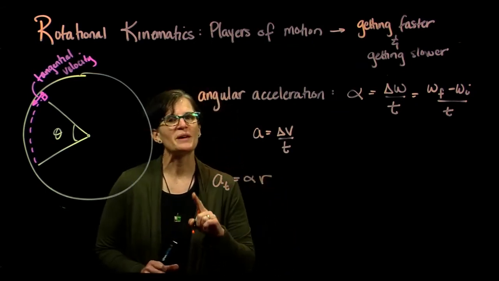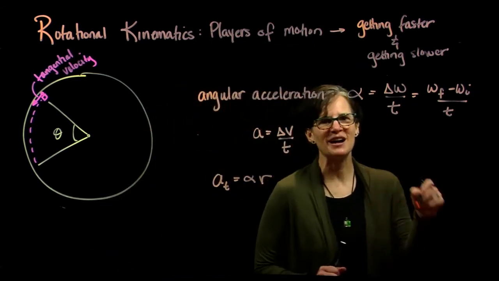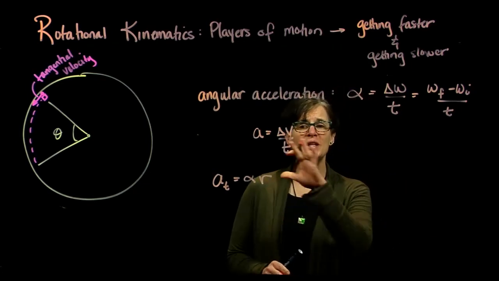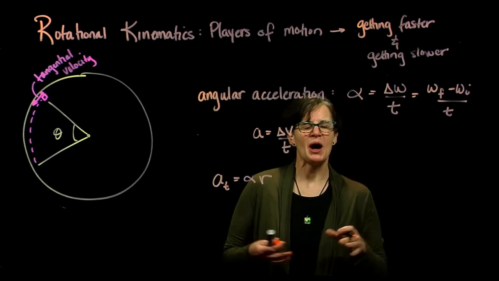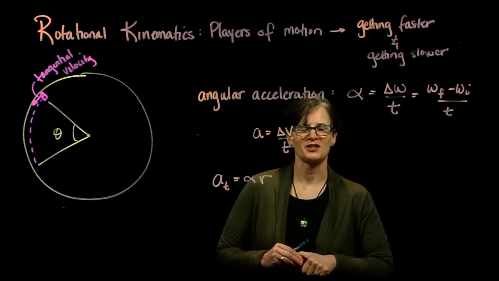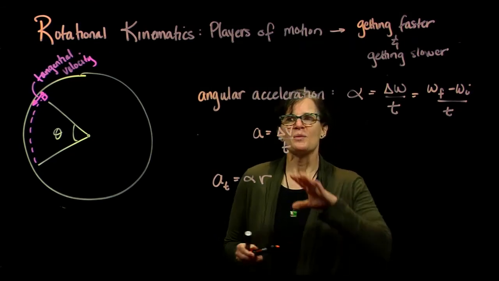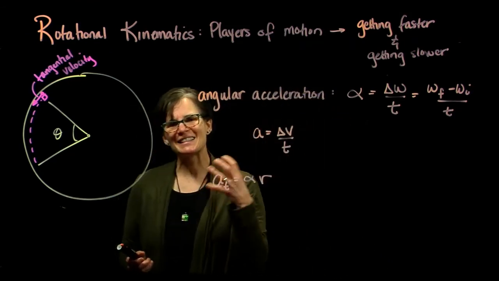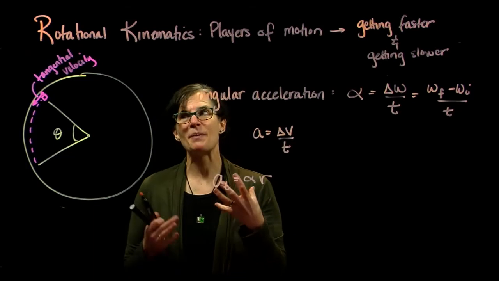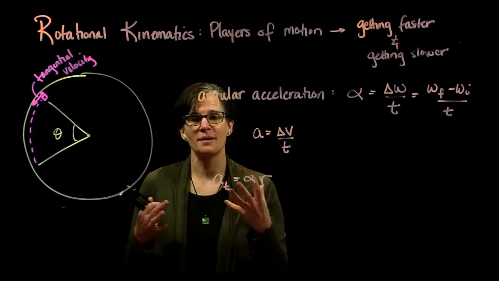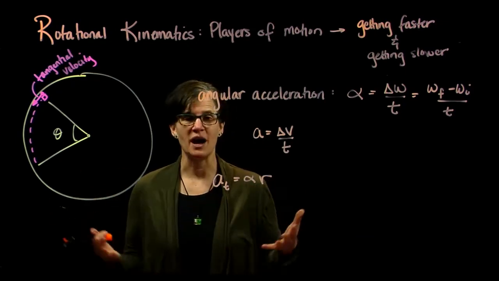However, we are going to look at cases of constant acceleration in all these situations. So we can utilize these relationships as we move through our discussion of rotational kinematics. Now, we've discussed our players. The next thing that we want to recognize is the power of relationships among these players and how we can use them to describe how an object's motion looks through time.